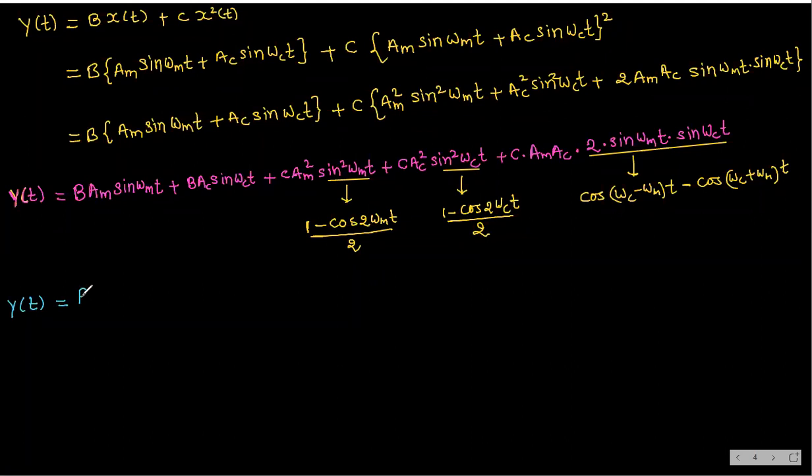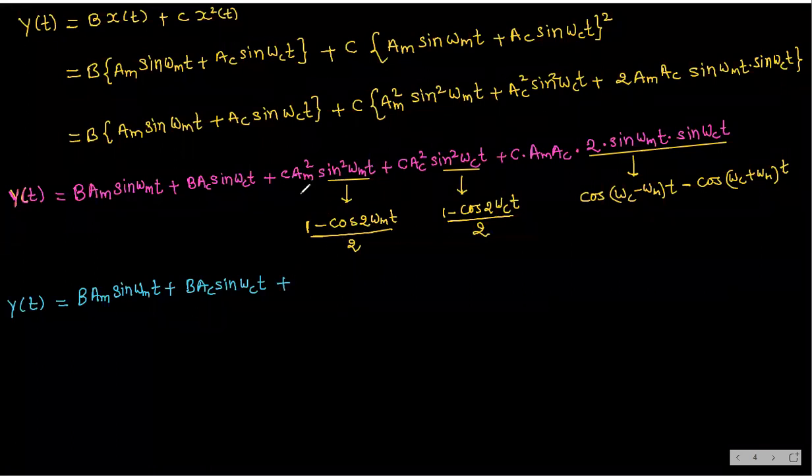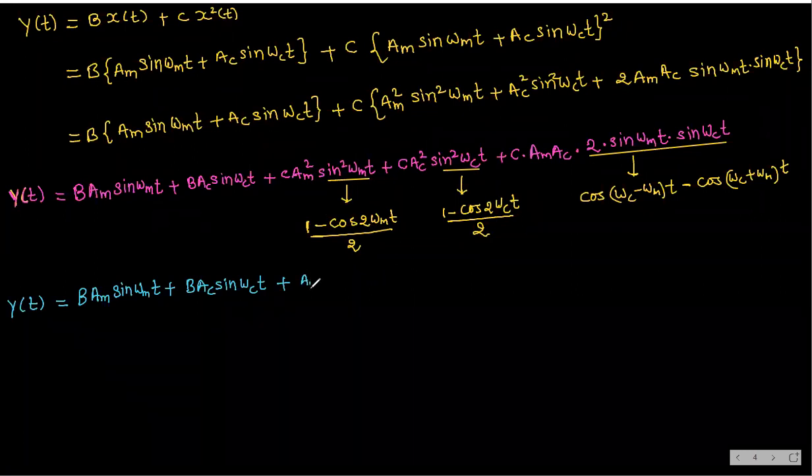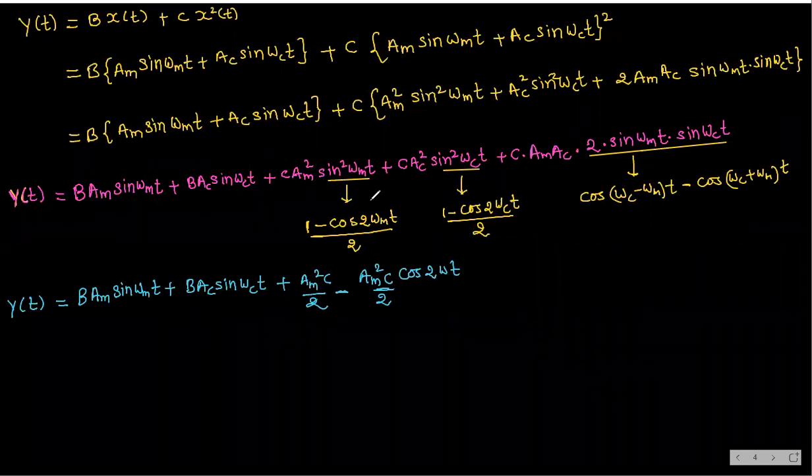You see now, this b Am sine omega mt as it is, plus this b Ac sine omega ct as it is, plus here what I am doing, this already I have substituted, so I am doing like this, Am square c by 2 minus Am square c cos 2 omega t divided by 2 here. Is it okay? Check what I did. Yes.